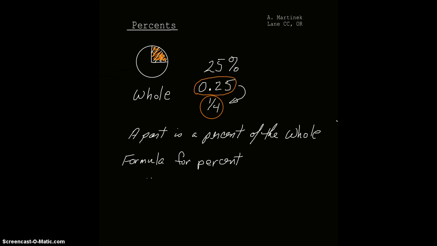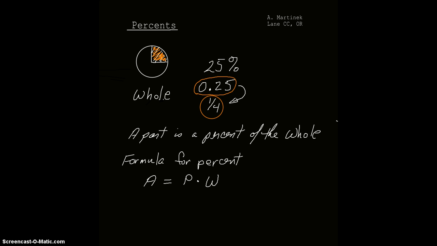So let's say A is that part, and in mathematics there is often an equal sign. So the part equals the percent, I'll call that P, times the whole. Let's call it capital W for the whole thing. So a percent times the whole thing is equal to how much I'm dealing with.